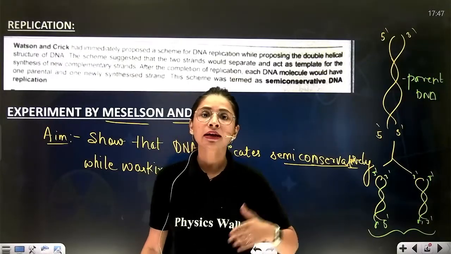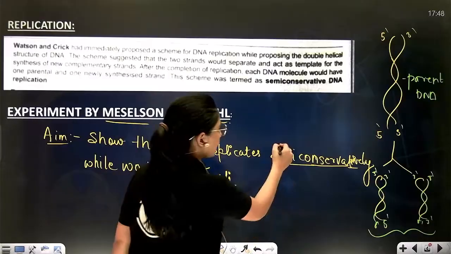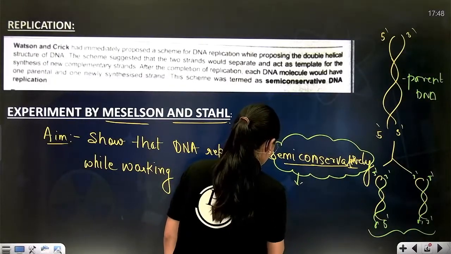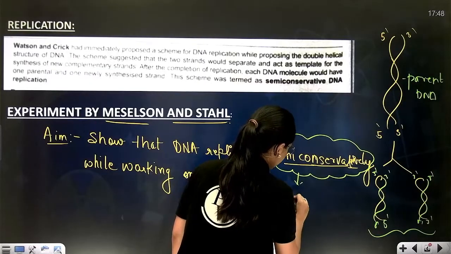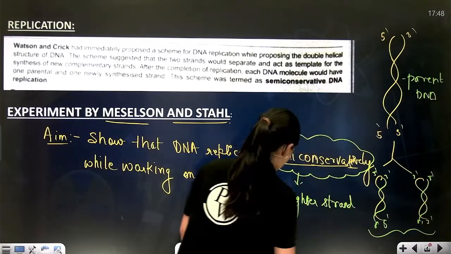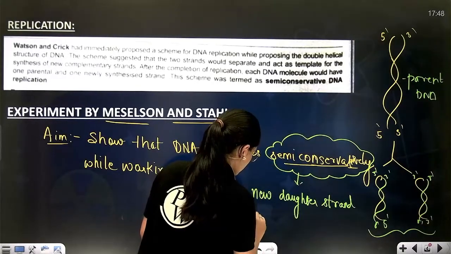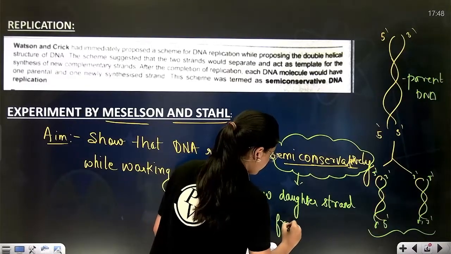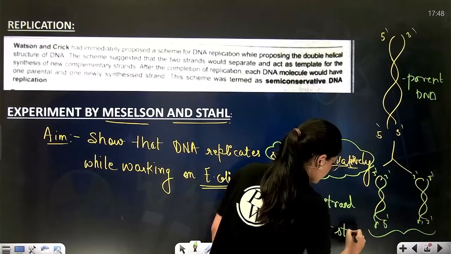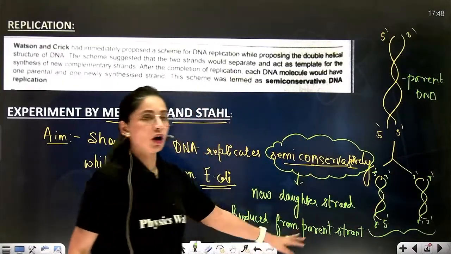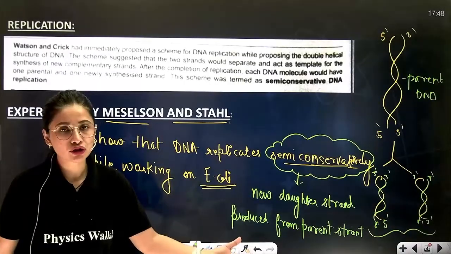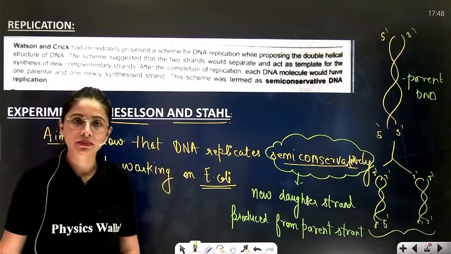That means DNA is replicating semi-conservatively. Semi-conservatively simply means that the new daughter DNA produced from the parent has 50% new strand and 50% the strand from the parent.